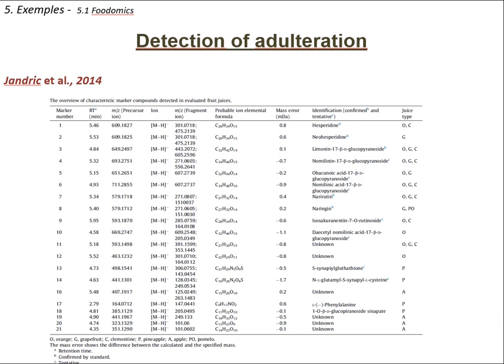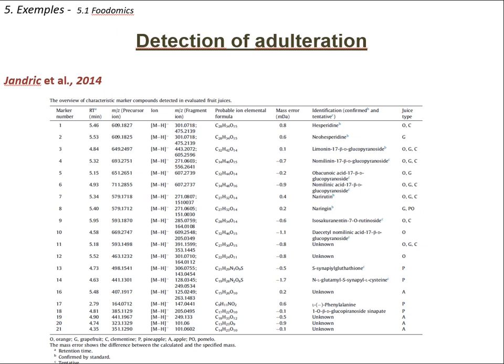Then came the identification. So here you have the marker identity, the marker number, 1, 2, 3, etc., in the first column, its retention time, the ion, and then the identification of the type of adduct. It's here in negative mode, and all of them are M minus H, minus. And the fragments also.